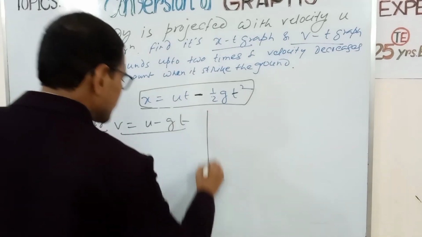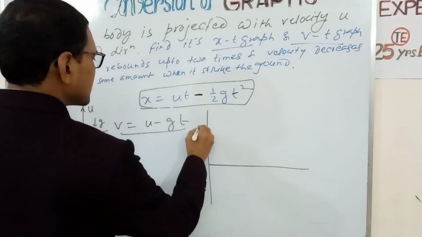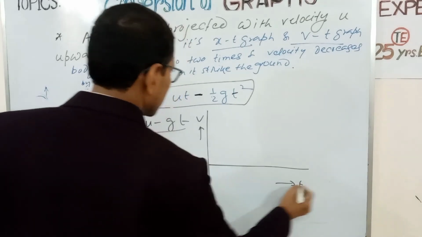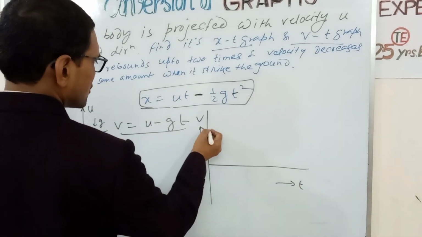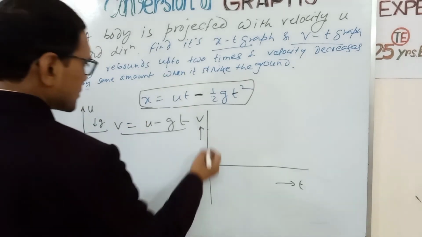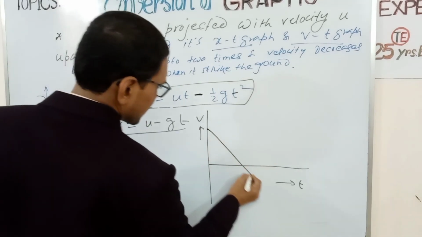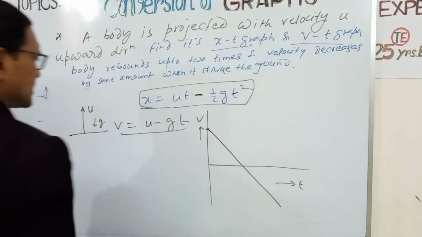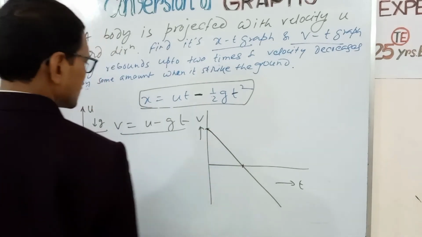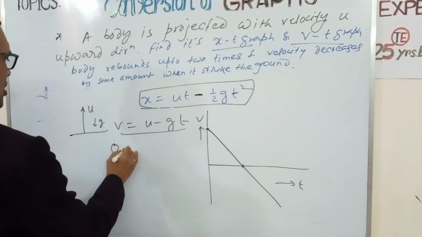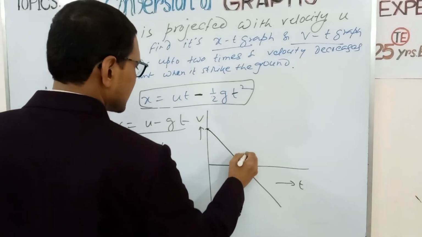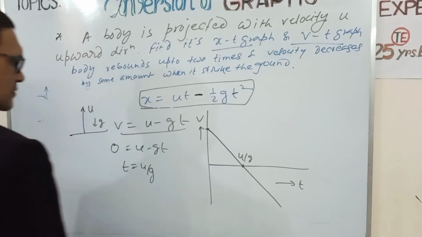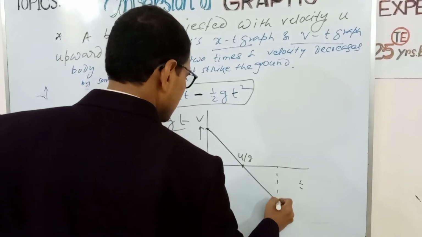So the vt graph will be like this way. When t equal to 0, v equal to u, upward velocity. And at the time of flight v equal to 0, t equal to u by g, so this is u by g, and this is 2u by g.